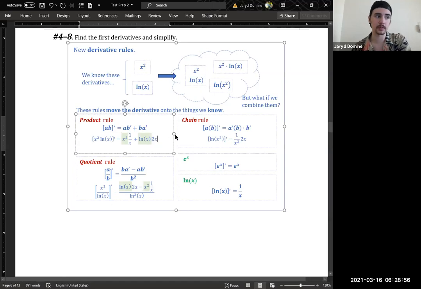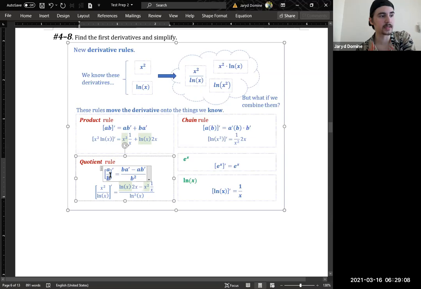Okay, so quotient rule. It looks very similar to the product rule. It's just a little bit more complicated. The order here is very important. So if I have a divided by b, so b is on bottom, and I'm trying to take that derivative, it's low d high, so bottom times derivative of top, minus high d low, over low squared.